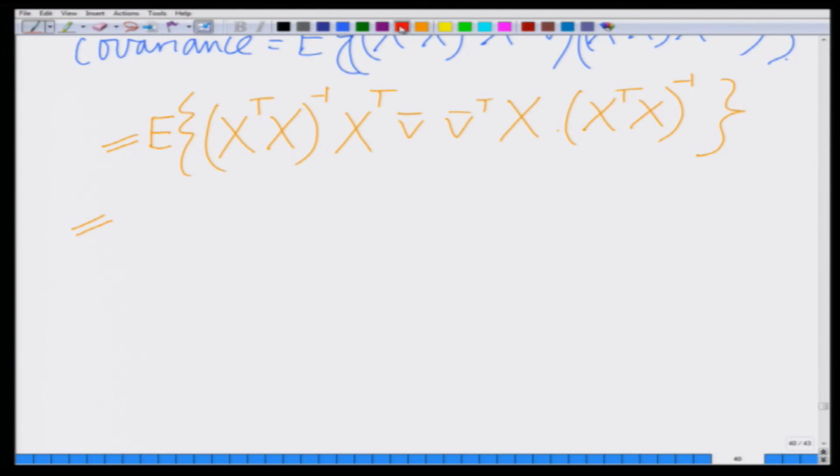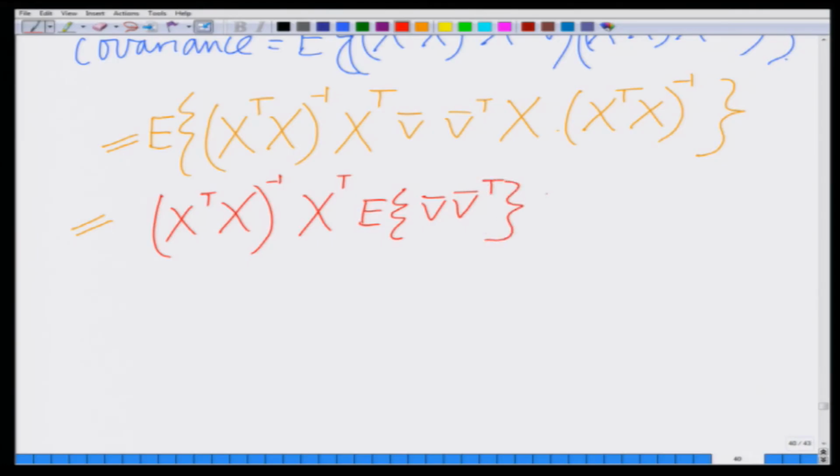What I have is (x transpose x) inverse, expected V bar times x transpose x inverse, and now this expected V bar transpose is nothing but the covariance of the noise.